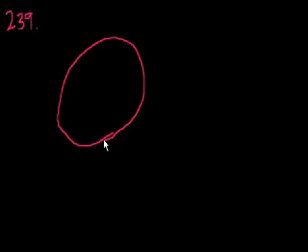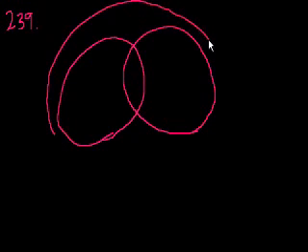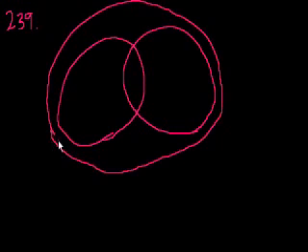Okay, let me draw the Venn diagram. So that's chemistry, that's biology, and then there's a leftover, right? This is a whole pool. So they tell us there's 200 total, right?